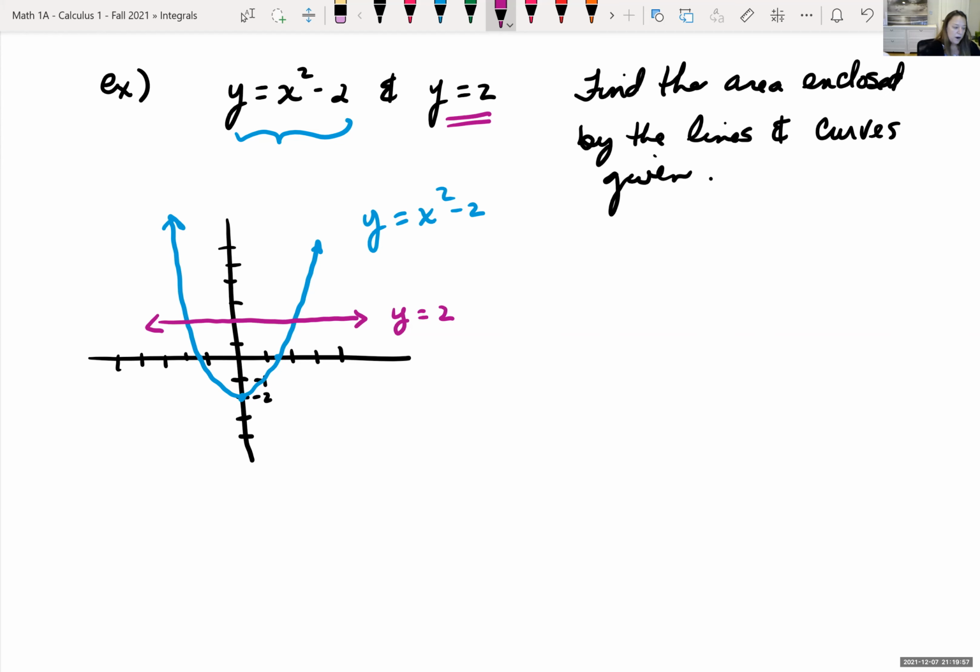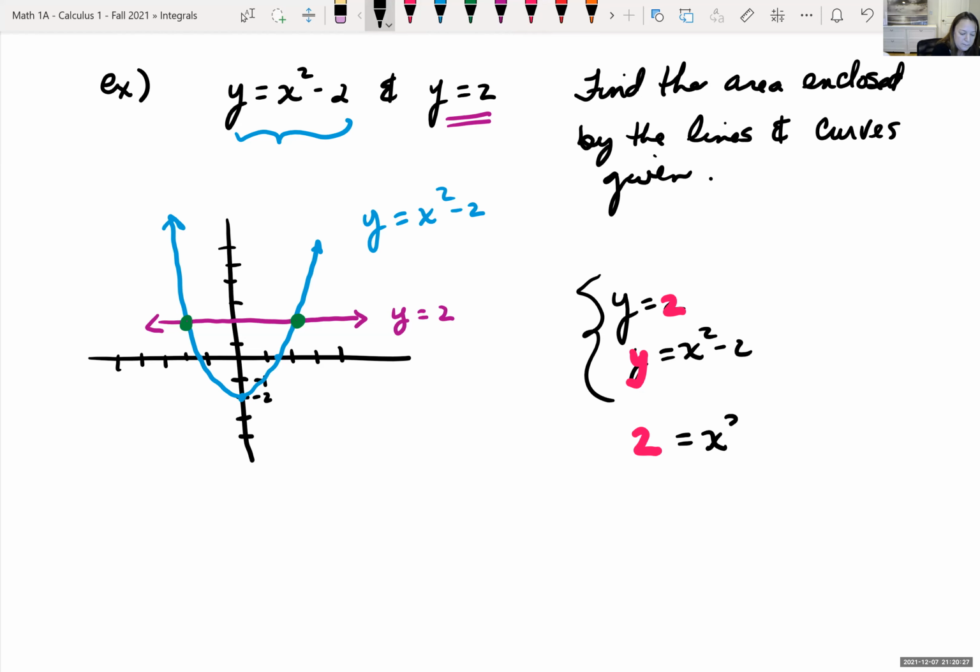So we want to know where these two graphs are intersecting. In order to figure that out, we're going to set those two equations equal to each other. So we have a system of equations, y equals 2, y equals x squared minus 2. I'm going to use the substitution method. Wherever I see a y in one function, I'm going to plug in 2. So we get 2 is equal to x squared minus 2.